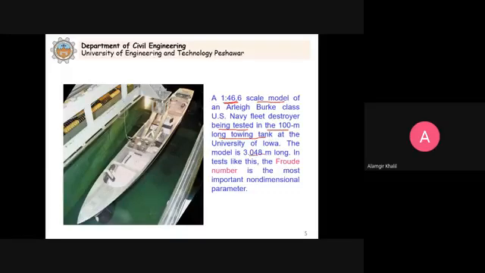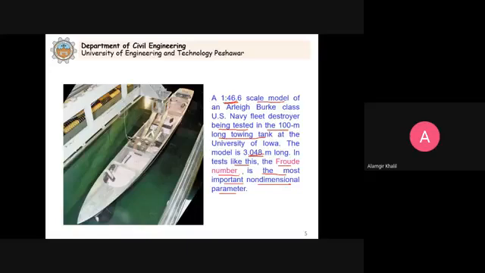Now this model which is tested here, when we do the analysis, the Froude number is the most important non-dimensional parameter that we need to consider, because when the boat or ship or yacht moves, it interacts with the fluid, and as a result of gravity, waves are generated.